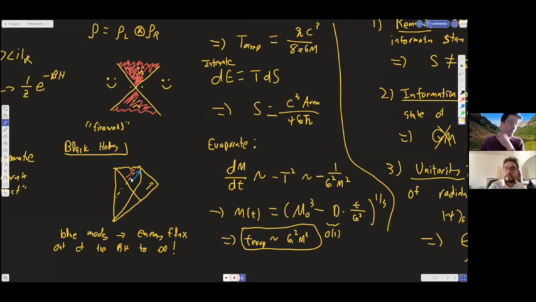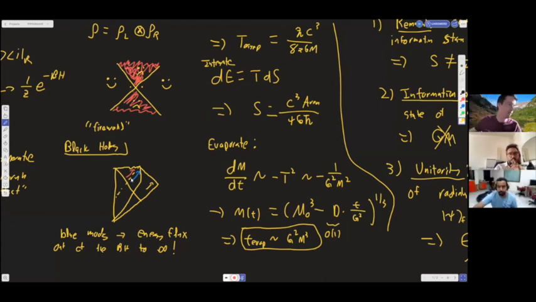One short question. Yes. Can you say which of these options a fuzzball falls under? Well, the fuzzball people can't make up their own minds about that question, so I'm not going to try to make up their minds for them.